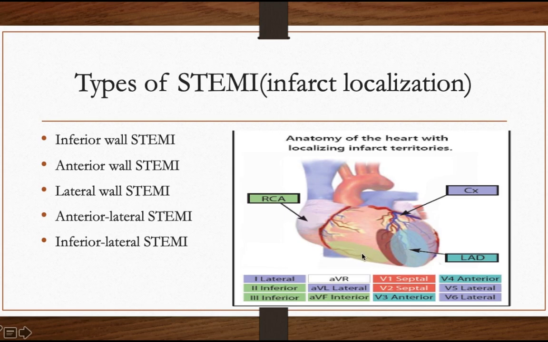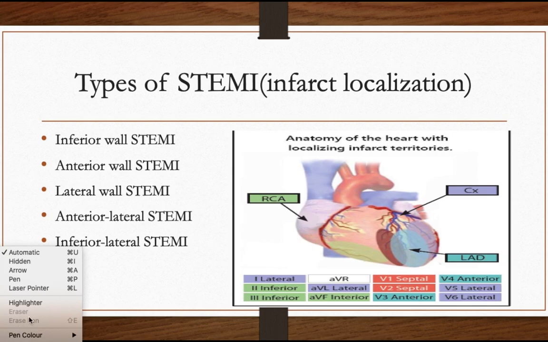It may also have continuation with the PDA, that's the posterior descending artery, and so all the areas supplied by the PDA may also be infarcted, especially when there is an occlusion in the main right coronary artery. Then the right marginal artery will also be occluded, or the area supplied by the right marginal artery may be infarcted, as well as the PDA.